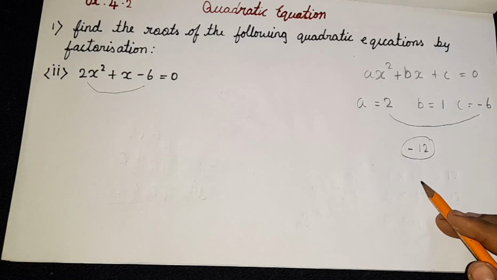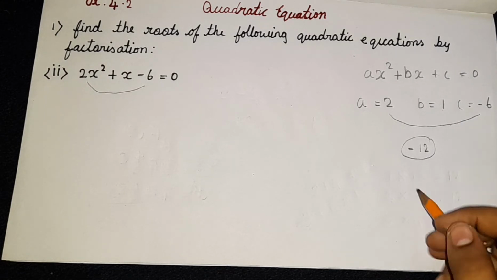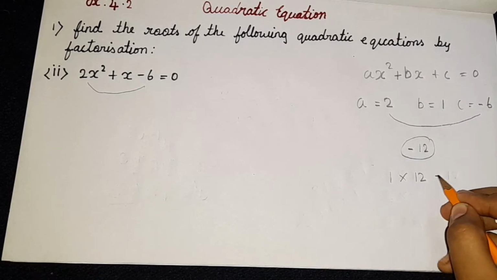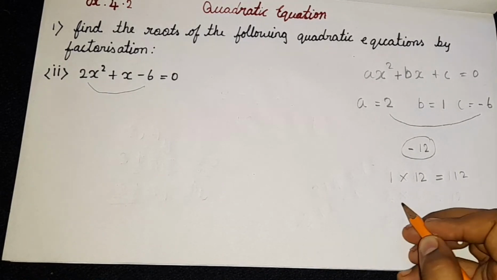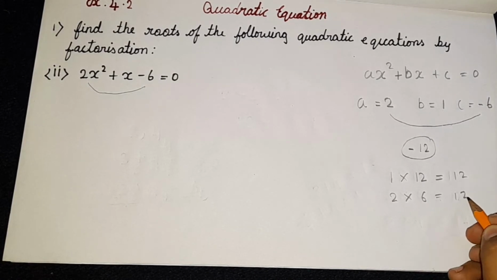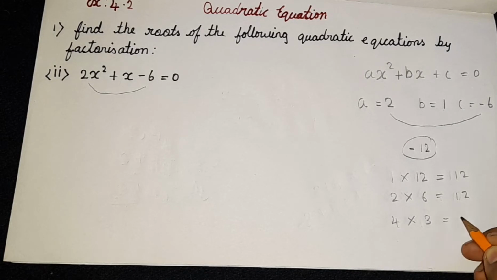You might be wondering what the factors of 12 are. The factors of 12 are 1 into 12, which is 12, then 2 into 6 is 12, and 4 into 3 is 12.